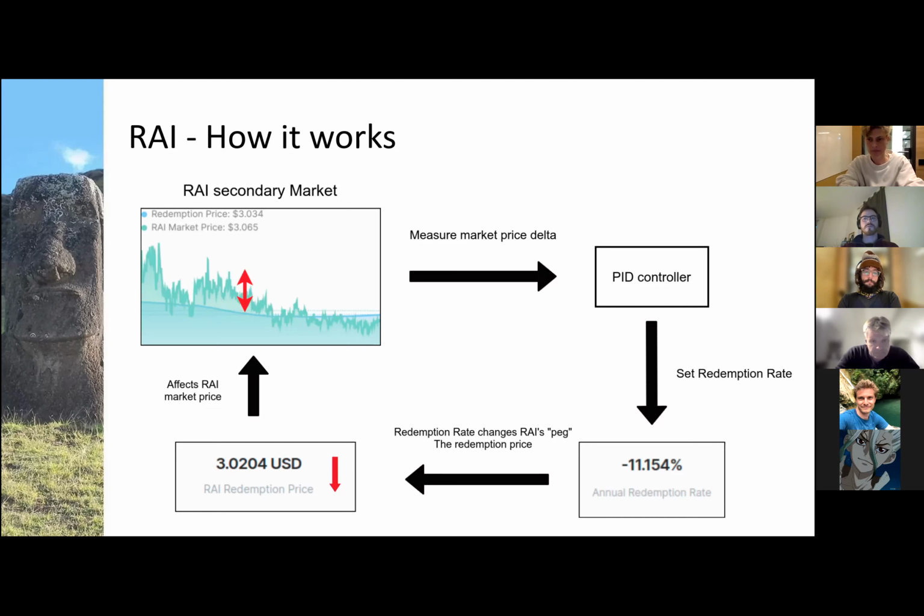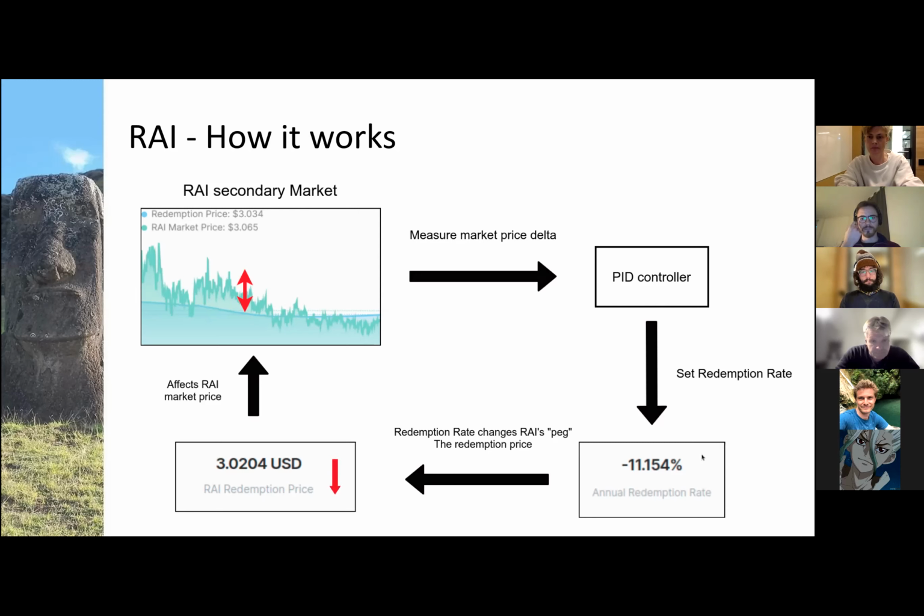So how is the redemption price determined? First, we measure the difference between the current RAI market price and the RAI redemption price. That is the input to the PID controller, and the PID controller will then determine a redemption rate.